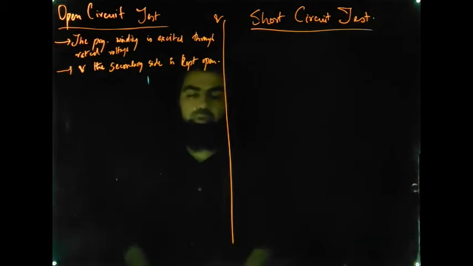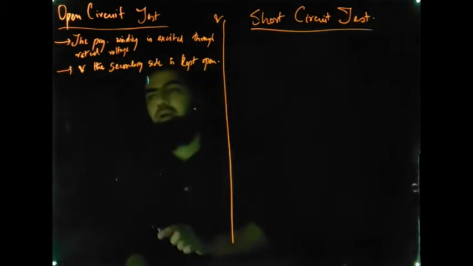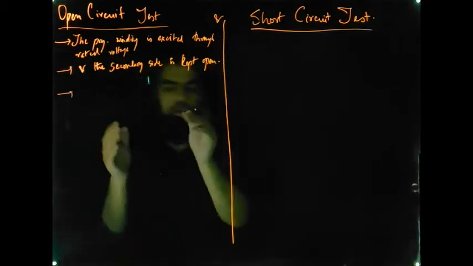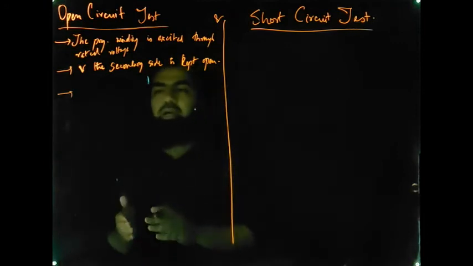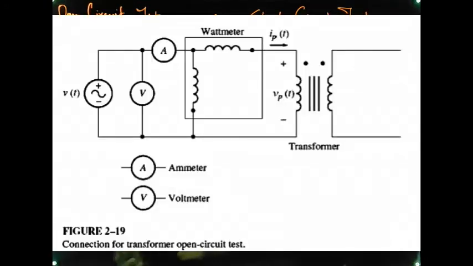That means no load is applied to the transformer. And using this circuit that is shown here, we can measure the value of primary current. We can measure the value of voltage applied to the primary winding. We have also connected a wattmeter here to measure the power flowing in the primary winding.